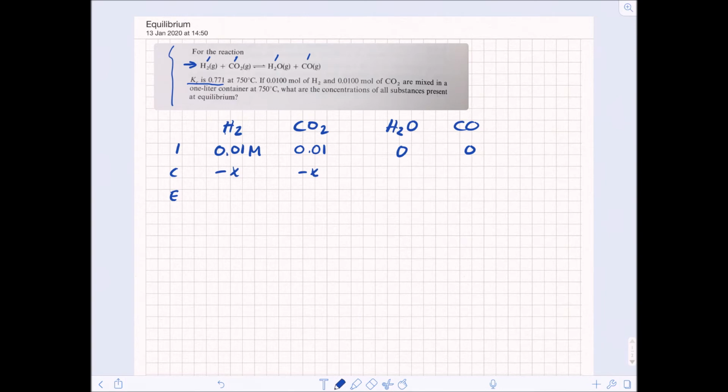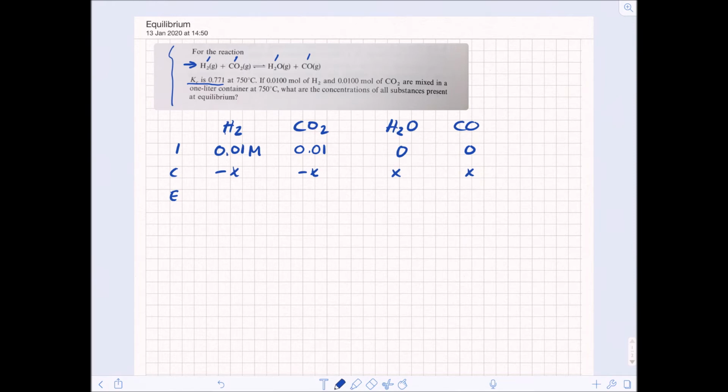Same thing here, because x mole of hydrogen will react with x mole of carbon dioxide and will form x mole of water and x mole of carbon monoxide, since the molar ratio between the components is 1 to 1 to 1 to 1. This becomes quite simple.